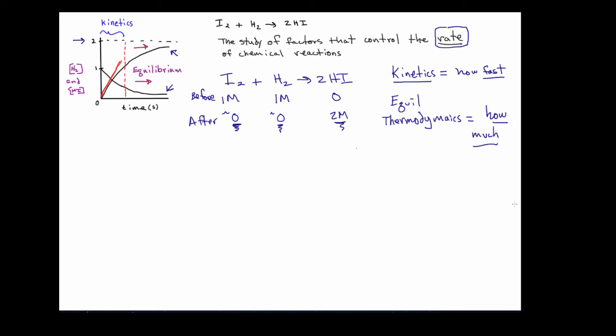And in the case of the, I'll change the color here. In the case of the HI and the I2, if I draw a tangent, this portion of the line in this region is pretty well linear. So down here, as we approach 0, this is where the kinetics of the reaction are studied. This is where we study the rate of the reaction, how fast the reaction is happening.